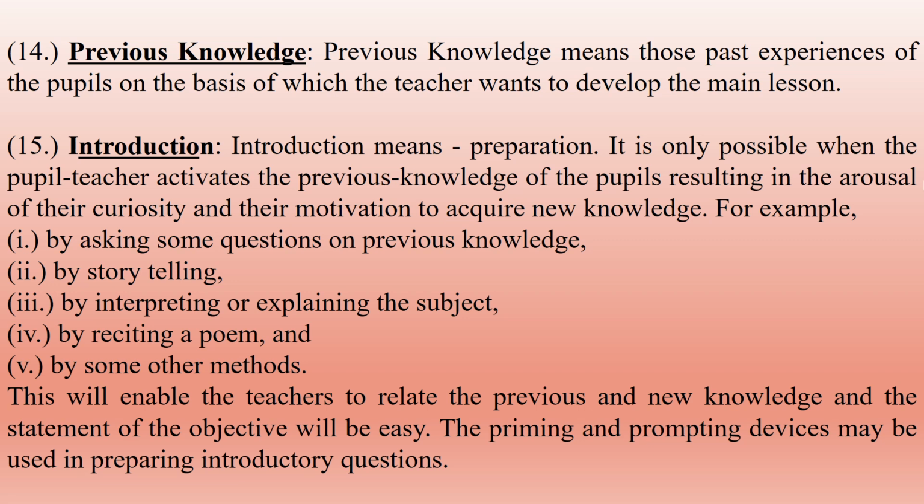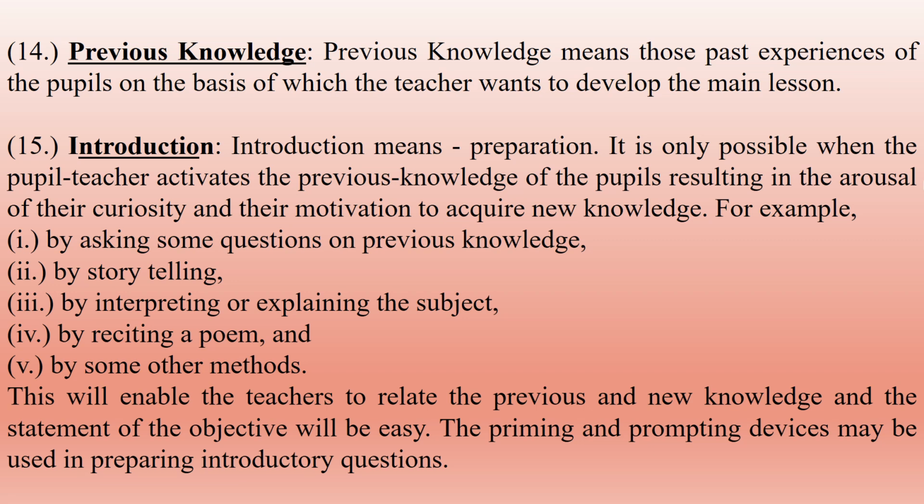For example, by asking some questions on previous knowledge, by storytelling, by interpreting or explaining the subject, by reciting a poem, or by some other method. Remember that the questions asked by the teacher from the pupils should be 3 or 4 in number, and these should be in a sequence and very simple.